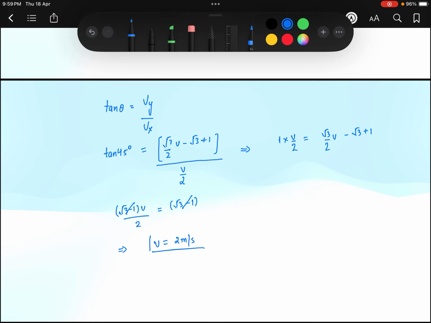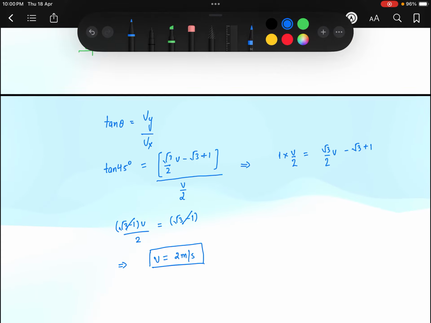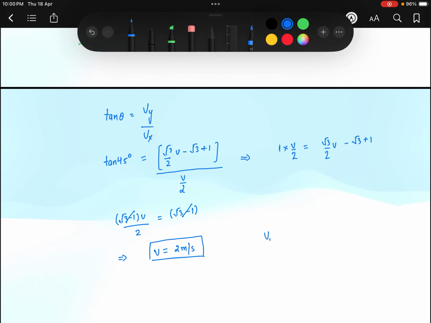So this is our final answer for this question B. So the velocity of this ball B in the ground frame will be equal to 2 meter per second. We are not talking about the direction here, we are just calculating the magnitude. So it is the magnitude of the velocity of ball with respect to ground.